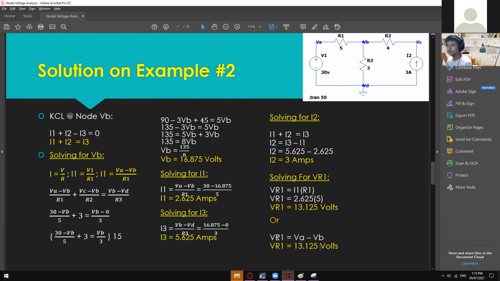So are we clear on how we solved for the VR1? Okay, very good, Mr. Maba. Very good, Mr. Isagani. What about the others?